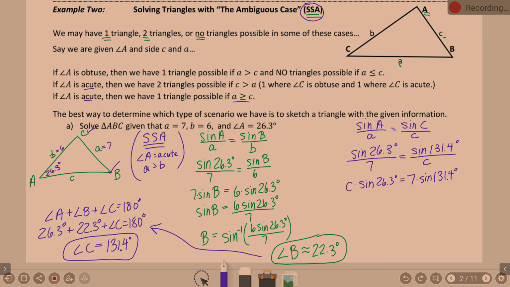Divide to find C. So 7 times sine of 131.4 degrees divided by sine of 26.3 degrees. And again, make sure you've at least practiced some of plugging these values into your calculator with me today. What are you getting?